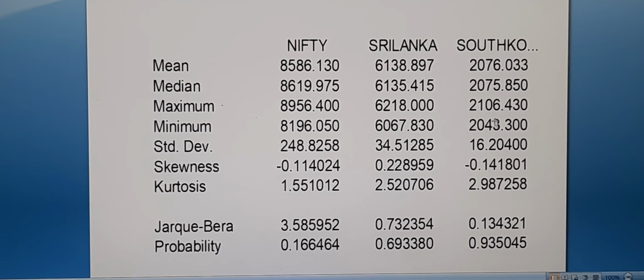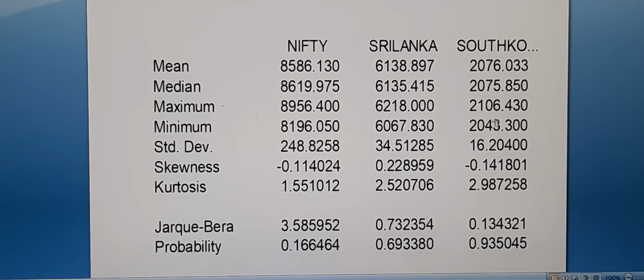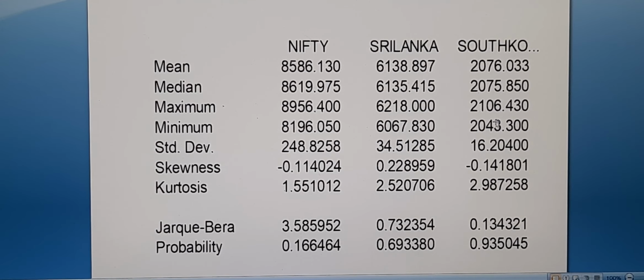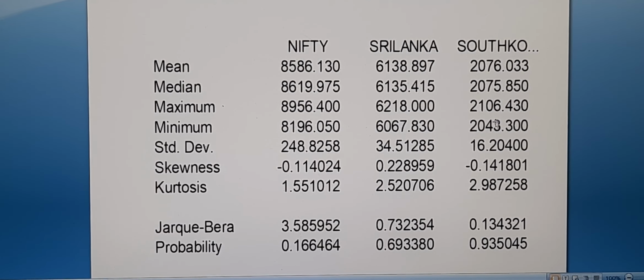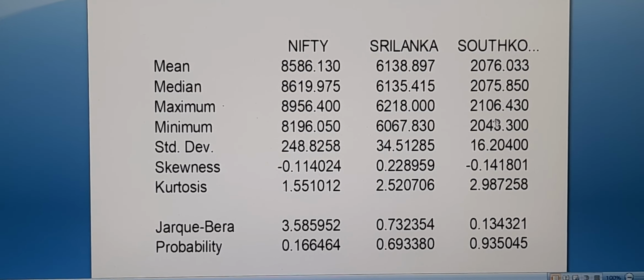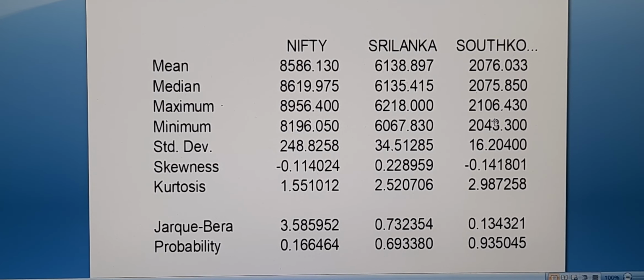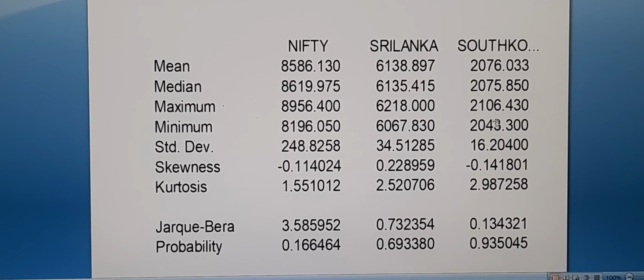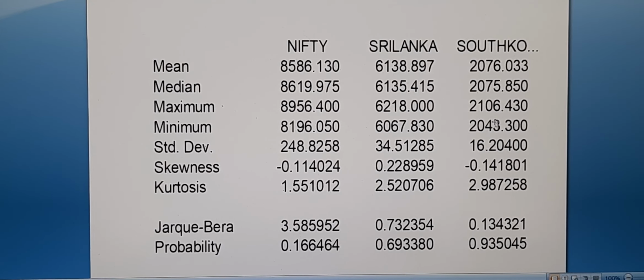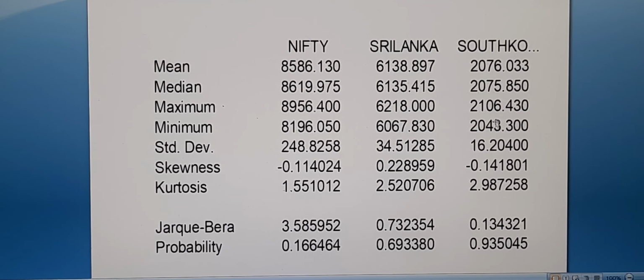More lower values are there. If you consider the mean of the series, most of the values are lower compared to the mean value of the series. This is the importance of the platykurtic.